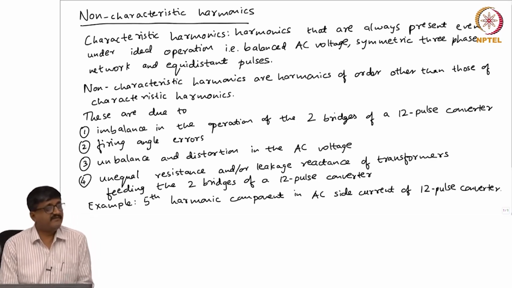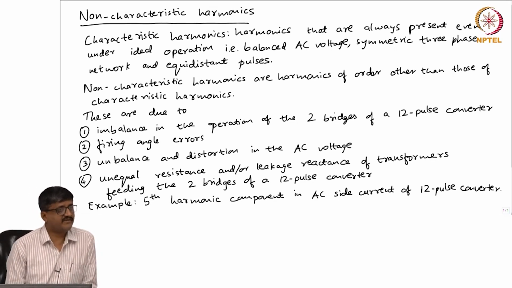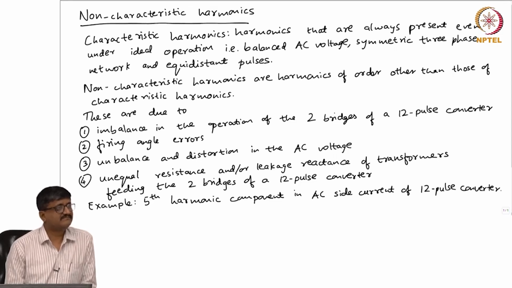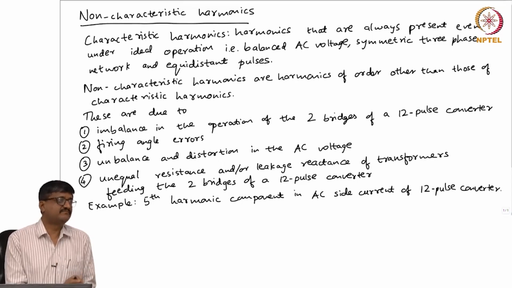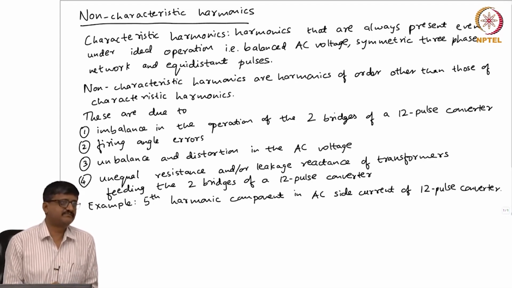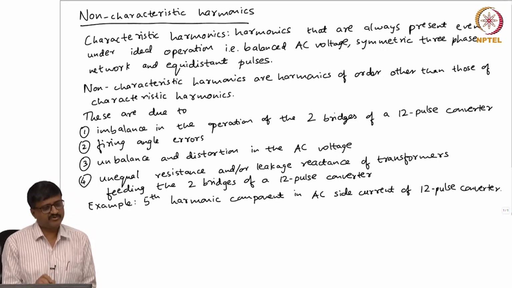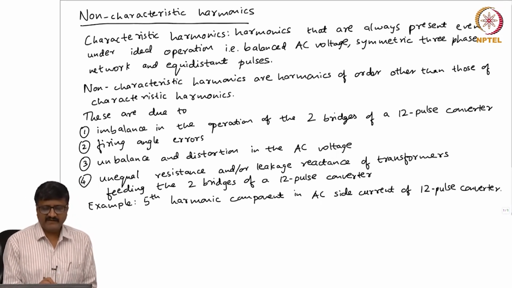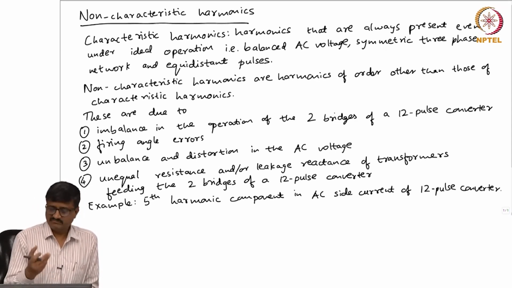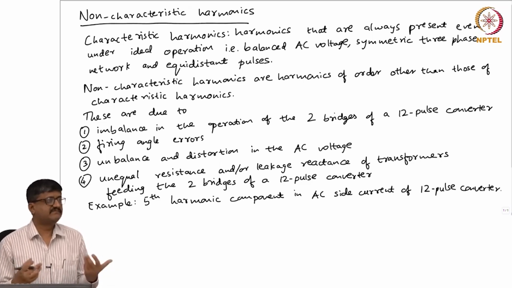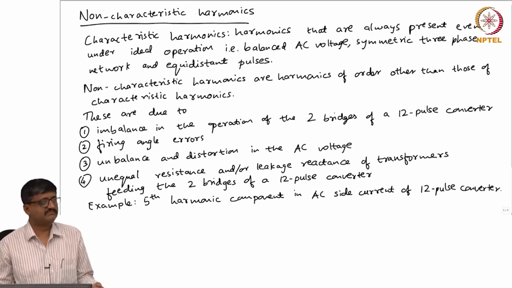Is this a characteristic or non-characteristic harmonic? It is non-characteristic. See, the fifth harmonic is characteristic for 6 pulse, but for 12 pulse it is non-characteristic. It is not supposed to be there. So this is an example of a non-characteristic harmonic. That means what was supposed to be eliminated may not be eliminated if there is a large imbalance in the operation of the two bridges, or if the resistance and leakage reactances are not very close.